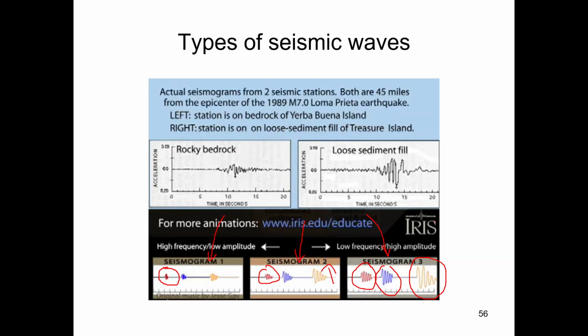So this video shows the P wave, S wave, and surface wave. The P wave comes earlier than the S wave and the surface wave, so the slowest comes later after the earthquake event. But check the amplitude here.